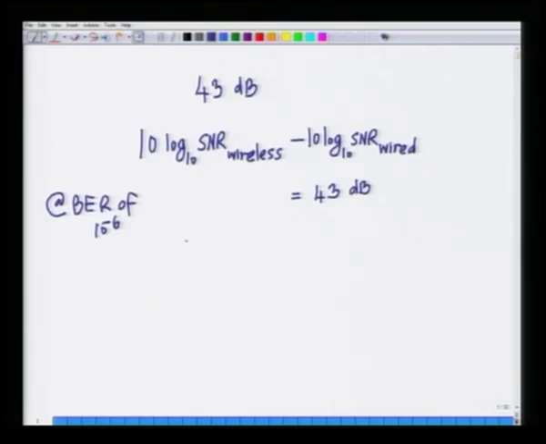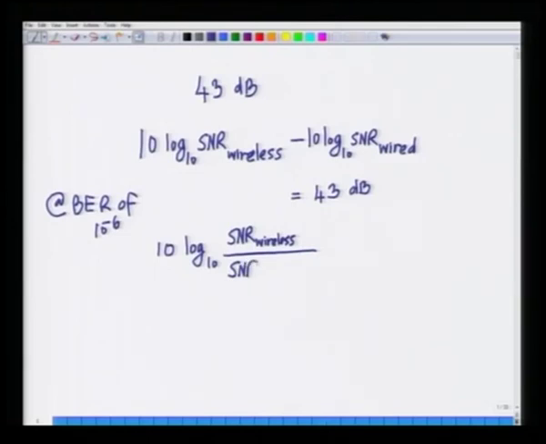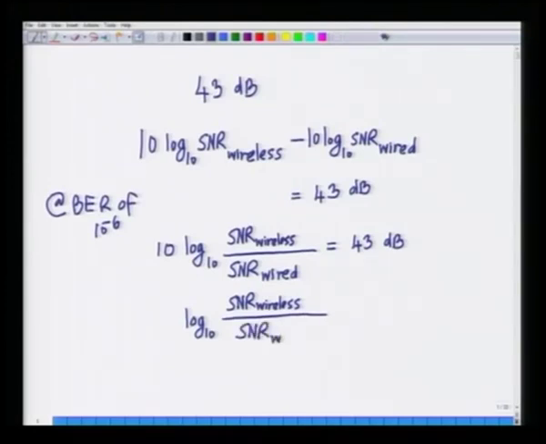I will simplify this as follows, which means the difference of logs is nothing but the log of the fraction, which is 10 log 10 of SNR of wireless divided by SNR of wired, which is equal to 43 dB, which means log 10 of SNR of wireless divided by SNR of wired is equal to 4.3.